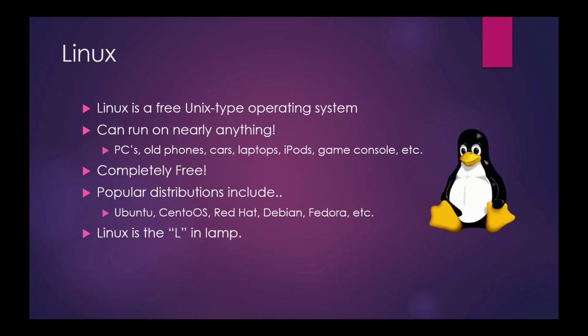It's also relatively lightweight, which makes it really good for running web servers. Unlike your personal computer, where you might want Windows as your day-to-day system because it's a little more user-friendly, with Linux, once your web server is running, you're not going to be looking at it. It's just the operating system running behind the scenes.